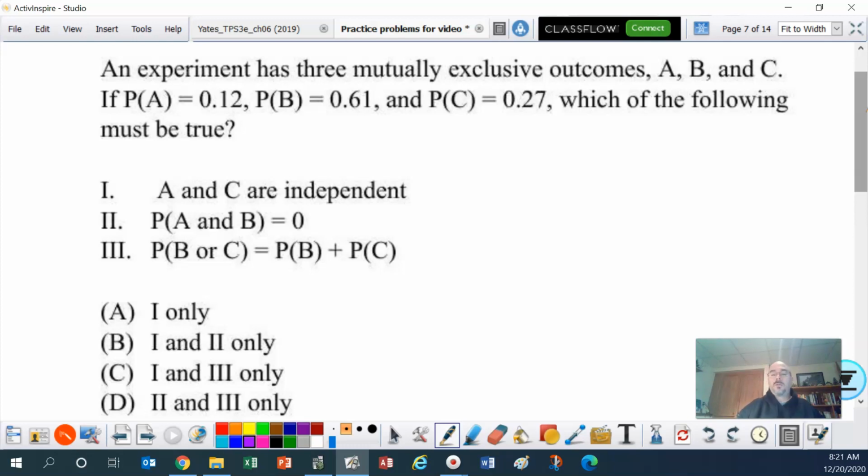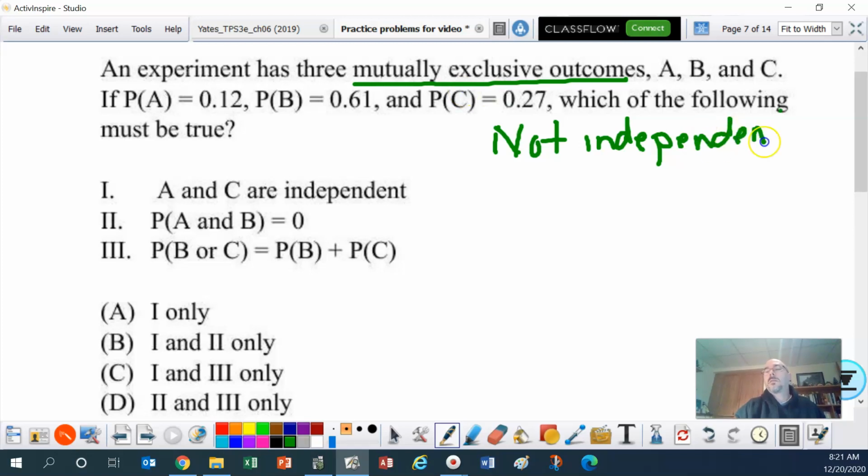Okay, well, first of all, mutually exclusive, ladies and gentlemen, if they're mutually exclusive, they're not independent. So that's out. I've said this in the videos, I don't know, this may be my 5th or 6th time: mutually exclusive events are not independent.